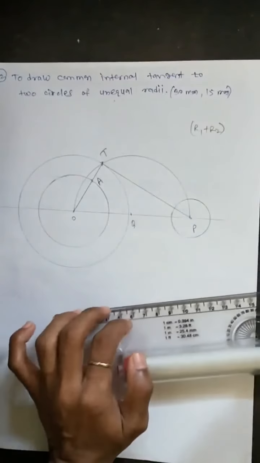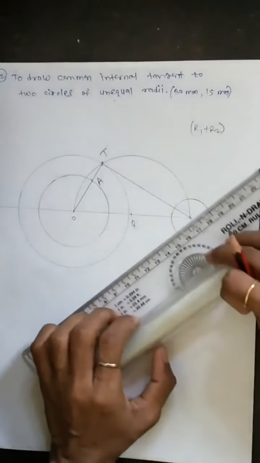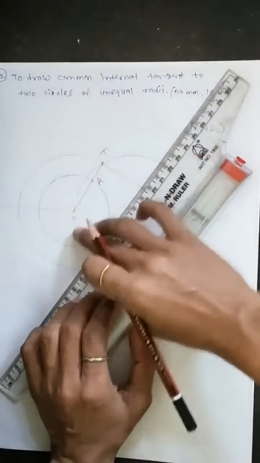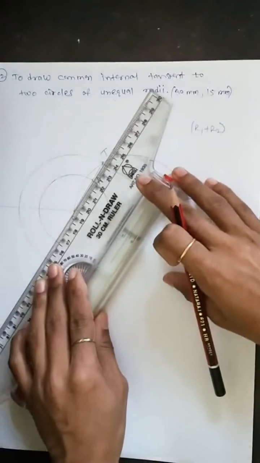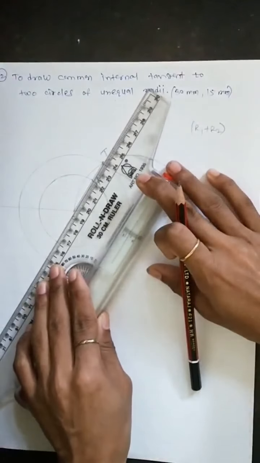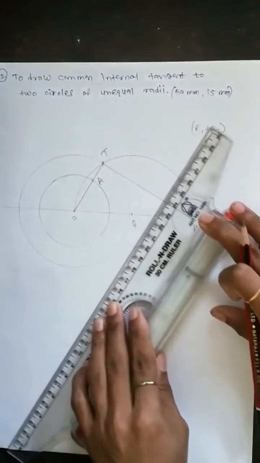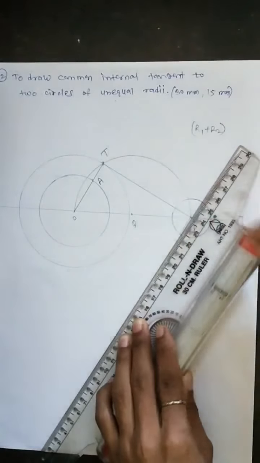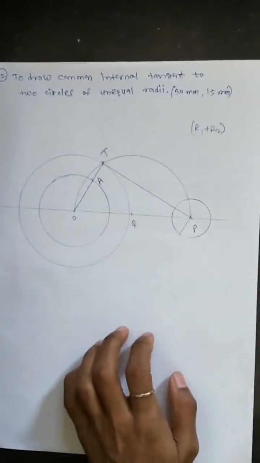Now take a line parallel to this OT line from point P. So take a parallel line from point P on this side and give the name point B to this point.